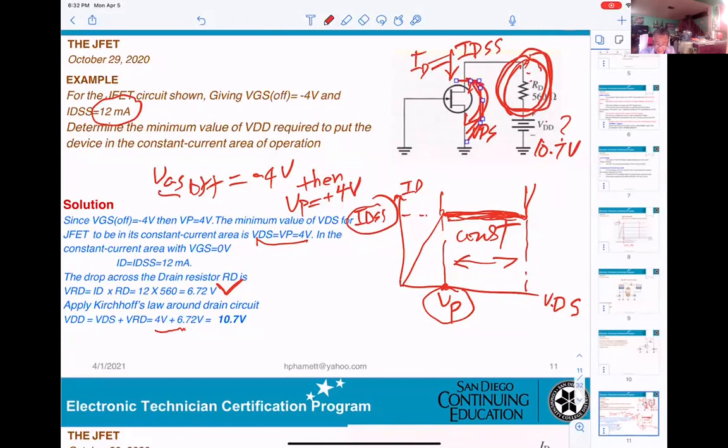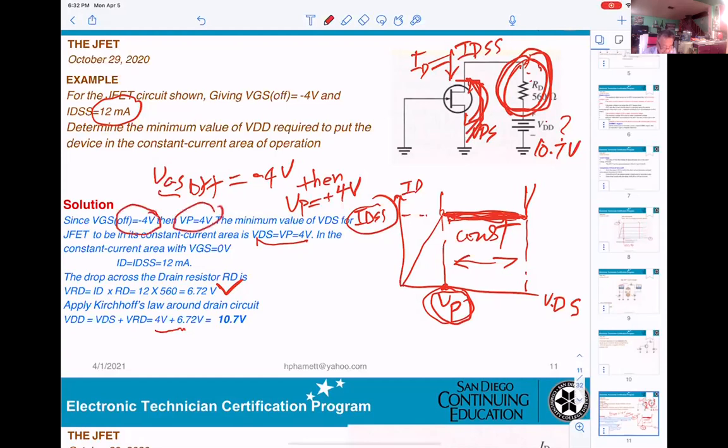Then you add them up, and that gives you the total VDD. In order to work in this area, VDS has to be equal to VP, and VP is opposite to the VGS off.